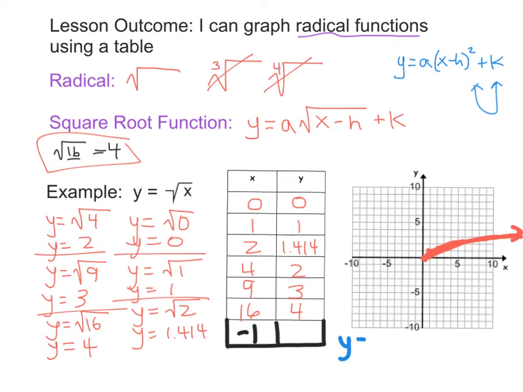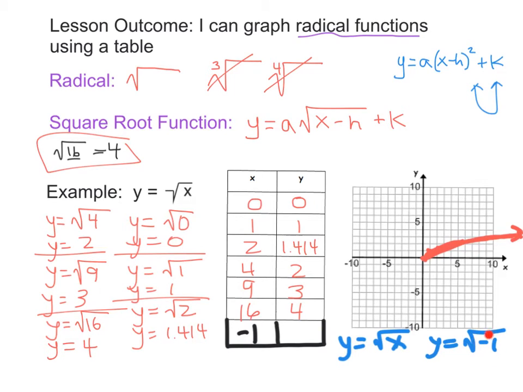Here's my function, y equals the square root of x, right? And that means we're going to put a -1 in for x, so we're going to get y equals the square root of -1. So the question is, what number times itself is -1? Well, the answer is that no number exists that when multiplied by itself gives us -1, because a negative number times a negative number is positive, and a positive number times a positive number is positive.